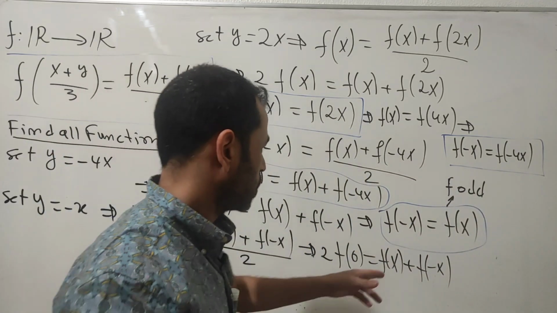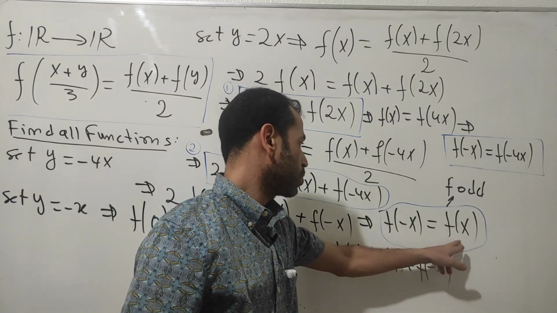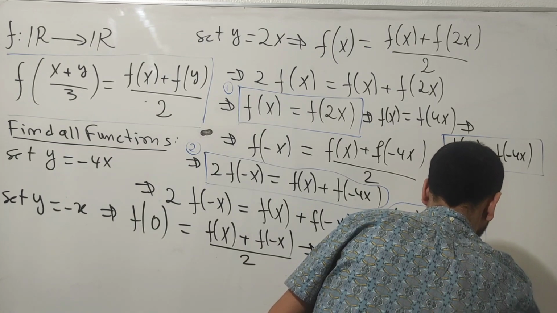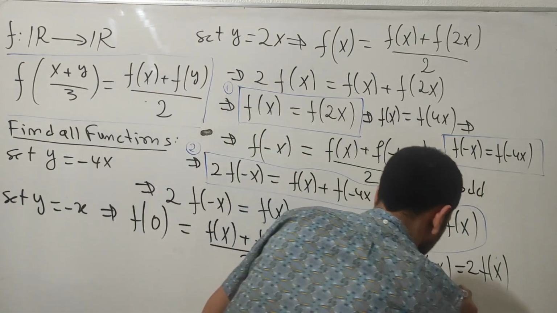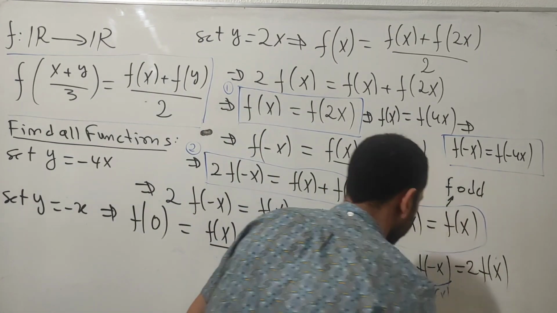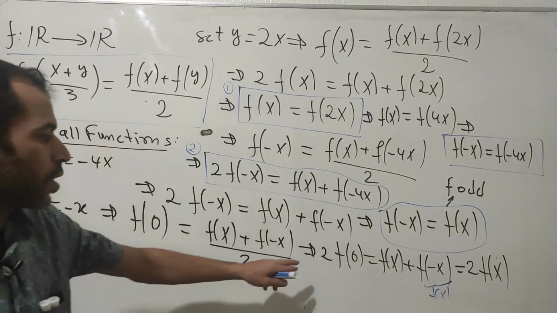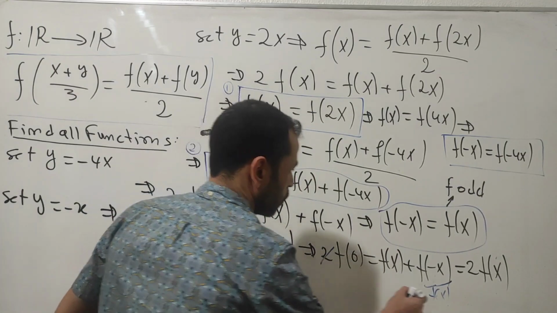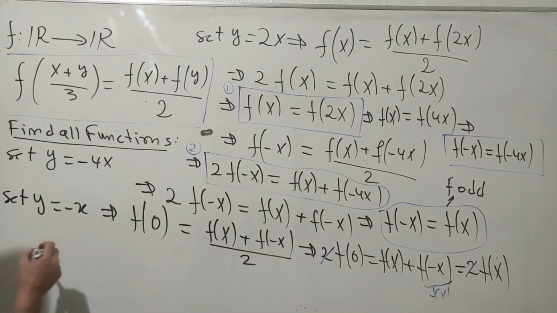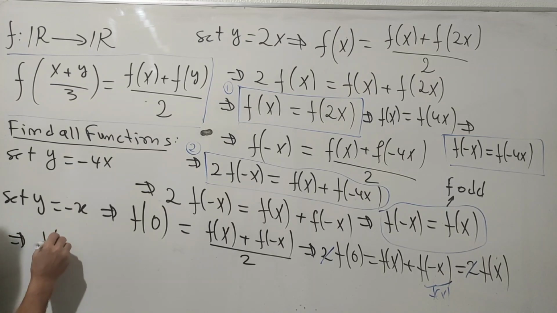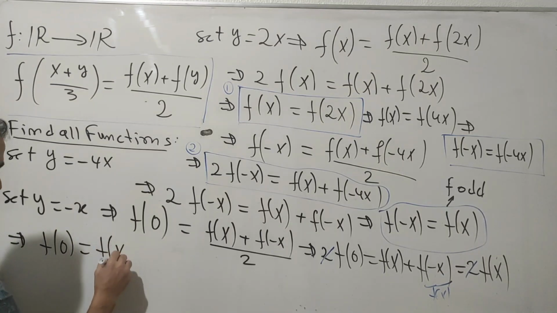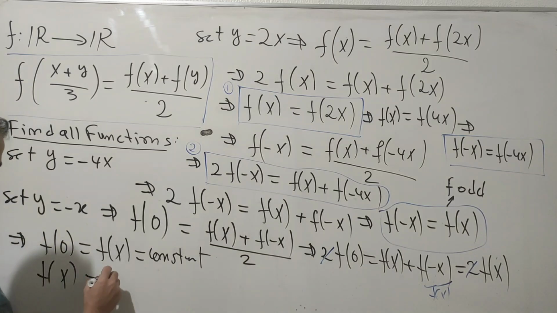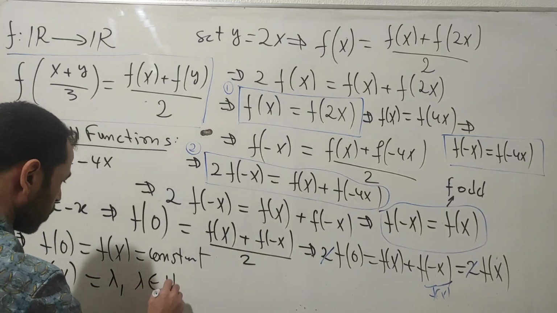This f of minus x is going to be replaced with f of x, which means I get 2 times f of x. Then I get 2 times f of 0 equals 2 f of x. I'm going to cancel out the number 2 from both sides. I end up with f of 0 equals f of x, which is a constant. Thus f of x equals lambda, where lambda is a real number constant.